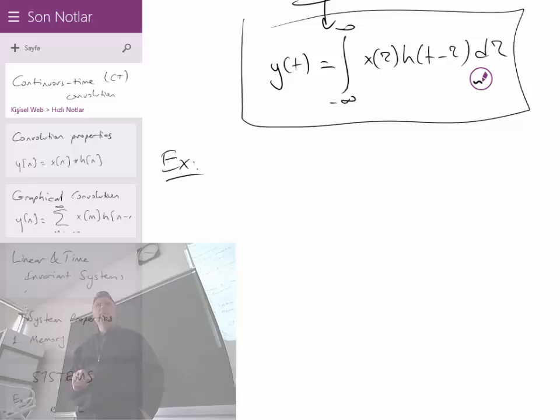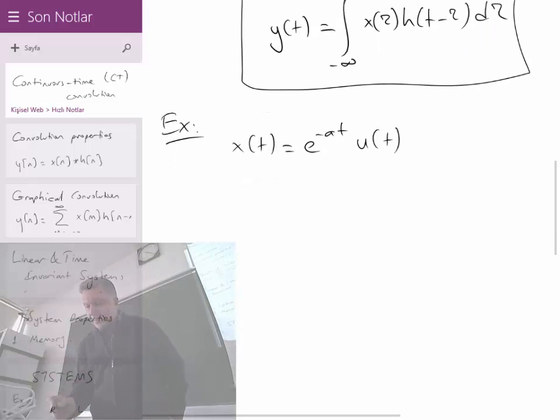And we can begin with some examples. Suppose x of t is equal to e to the minus a t times u of t, which is a decaying exponential for a positive a. So this input is all zeros, and then from 0 it jumps to 1 and then decays with an exponential factor of a, e to the minus a t.